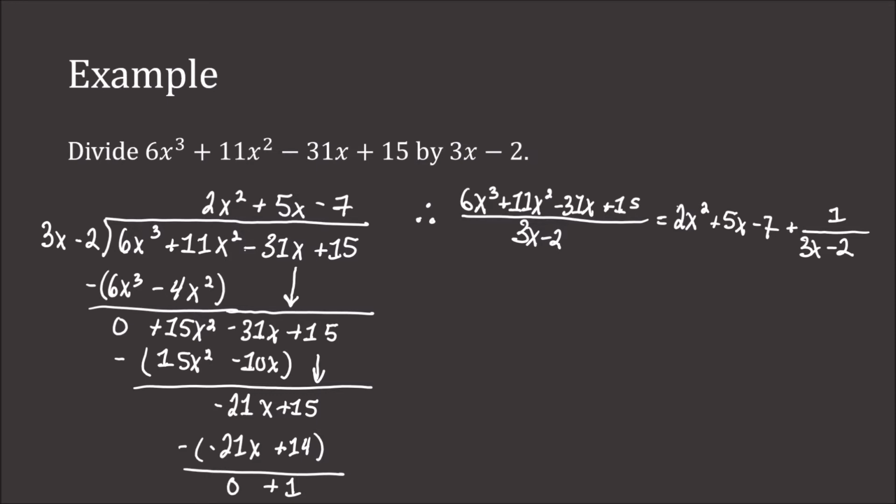Or we could write it as 6x cubed plus 11x squared minus 31x plus 15 is equal to 3x minus 2 times 2x squared plus 5x minus 7, and then plus 1. Again, either form would be acceptable.